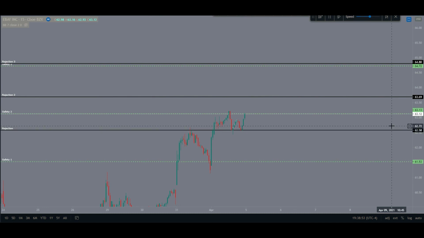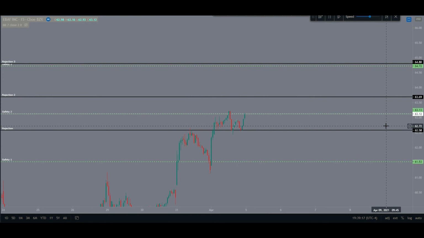Look at that. Right on 62.72, we got buying, and that looks pretty strong. Is that a coincidence? I don't think so. I have a very clear target at 64.72, and at 62.72, I mean, look at that.